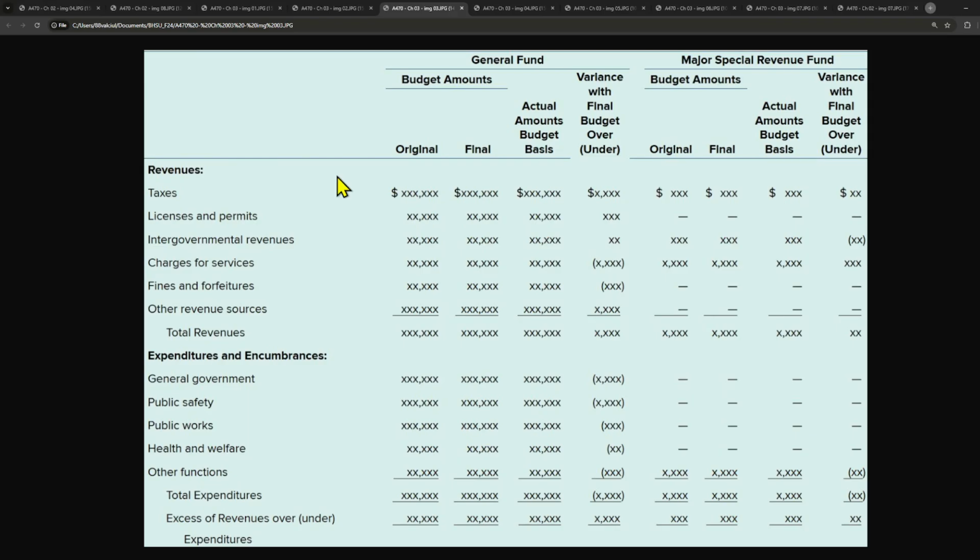So the three things we're going to focus on are estimated revenues, appropriations, and encumbrances. And an encumbrance is slightly different in that it is an estimated or expected expenditure, so that they are similar to budgetary items, and they'll have the normal balance of an expenditure. In other words, a debit.